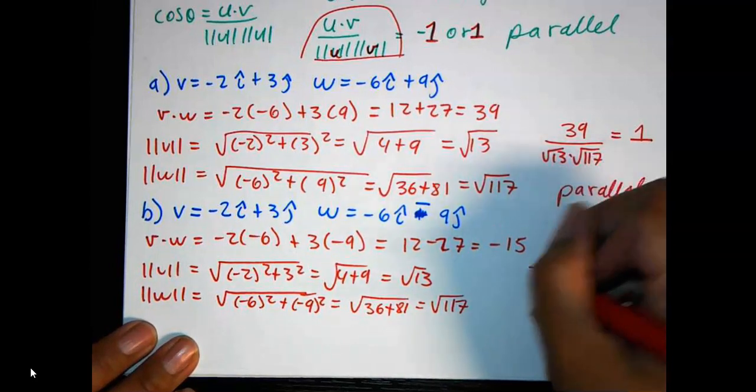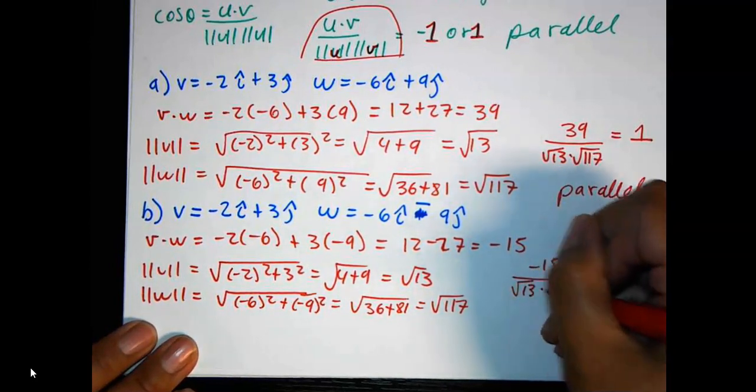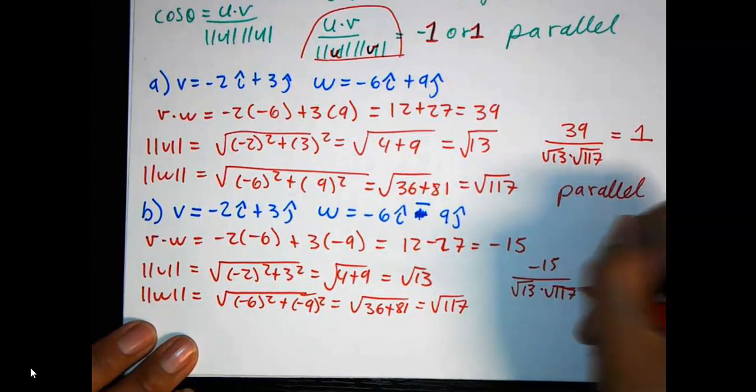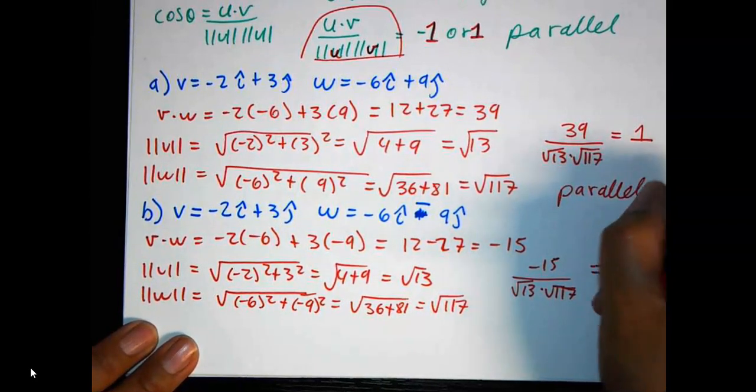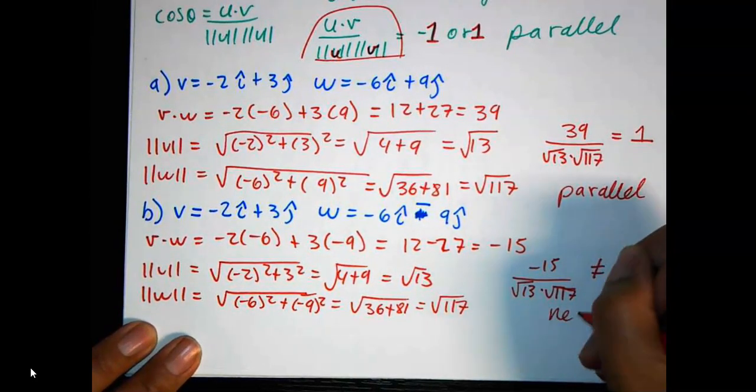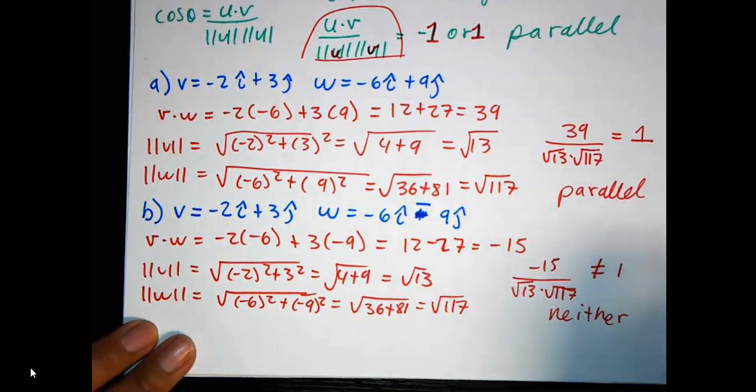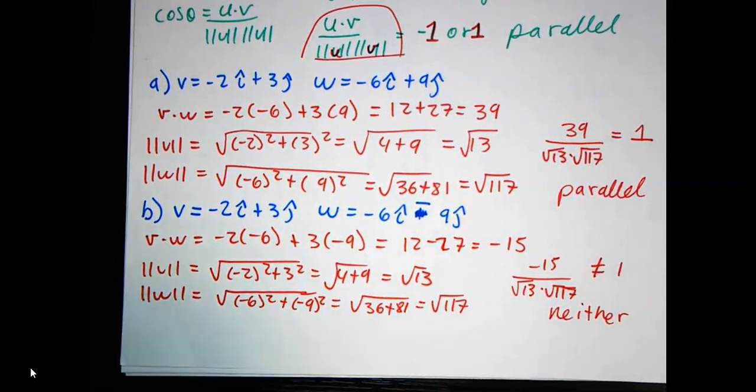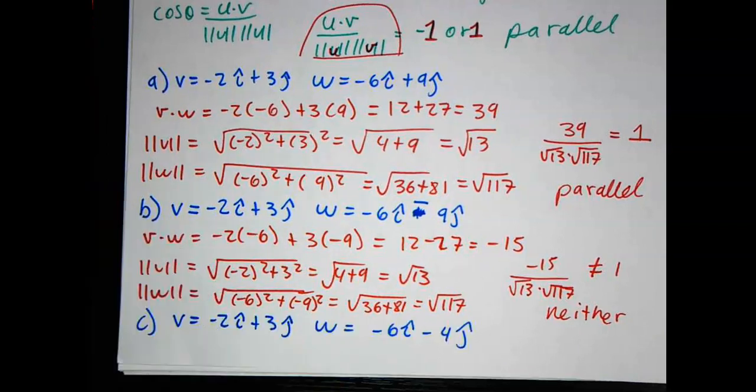When I put this in my calculator, I do not get 1. This is not equal to 1. So in this case, I'm going to get neither. I don't even care about what the number is. I care that it is not a 1 or a negative 1.